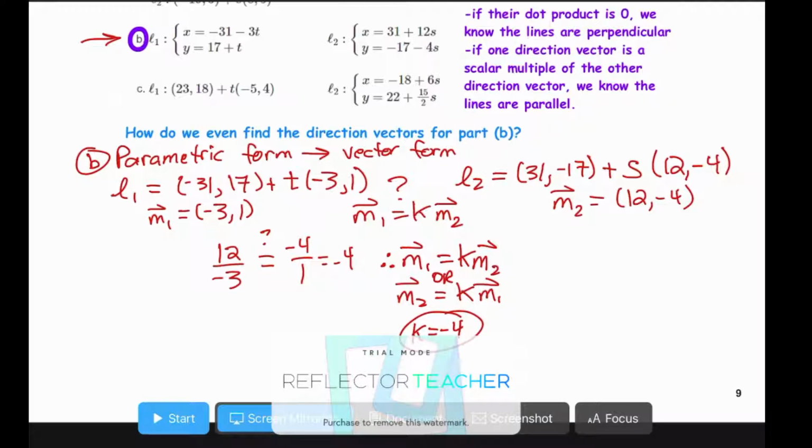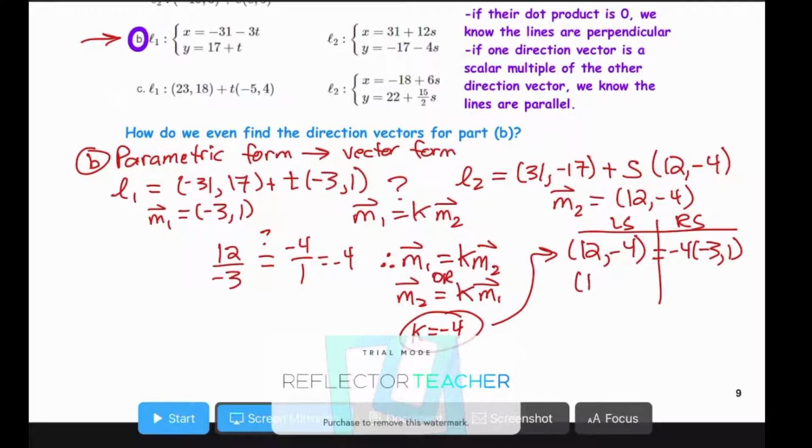And we can demonstrate that over here. 12 comma -4 is equal to -4 times -3, 1. We're just doing a left side, right side check here, so we shouldn't actually say if they are equal yet. This will be the same. There's no operation to perform here. Here we're going to multiply distributive property, 12 and -4.